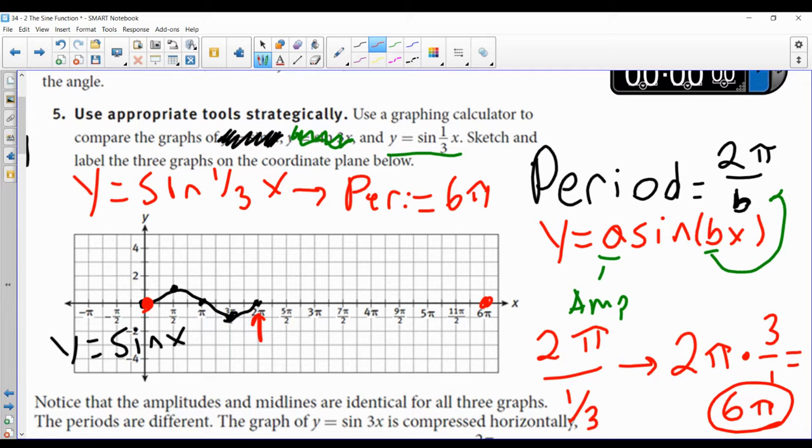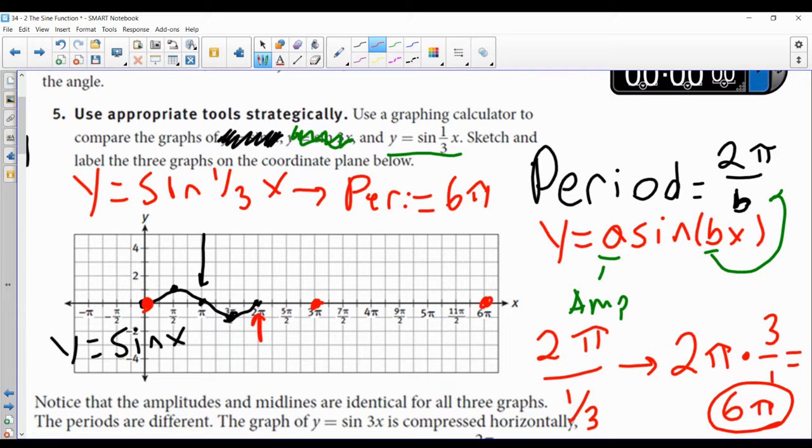Now what we're going to do is start plotting some easy points. If you notice in my original graph right here, if I go directly in the middle of this graph, in between 0 and 2 pi, I have another point at 0. I can actually apply this here. If I go from 0 to 6 pi, directly in the middle is that 0 point, or 3 pi.